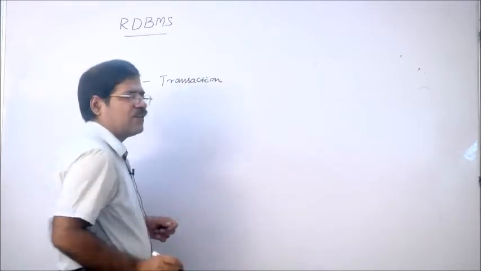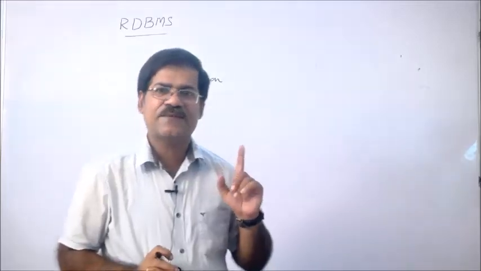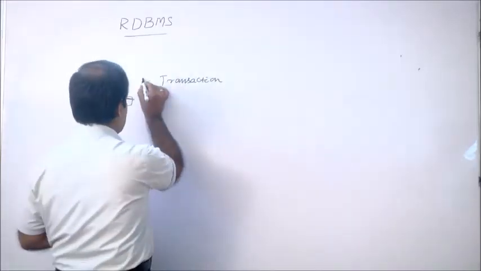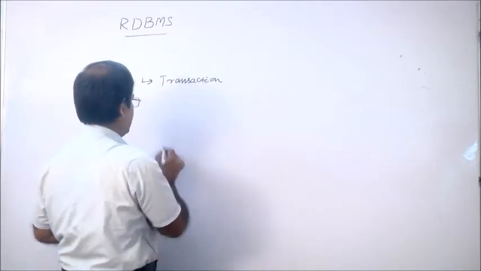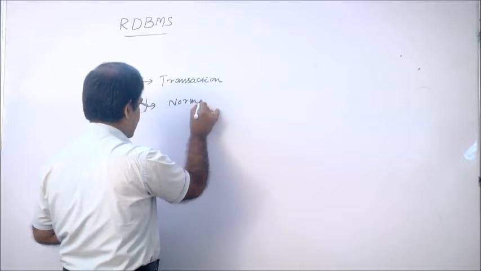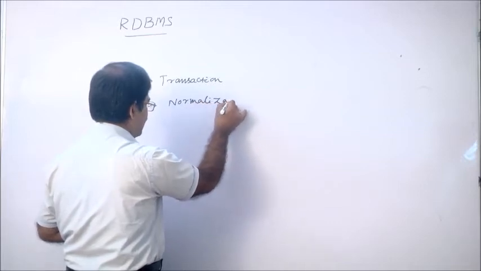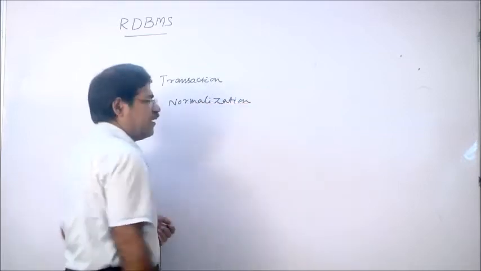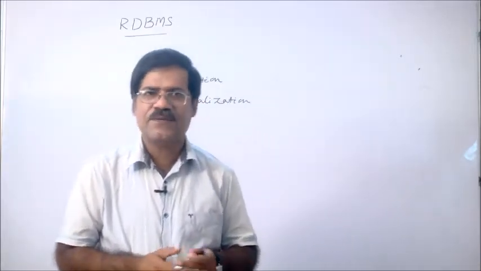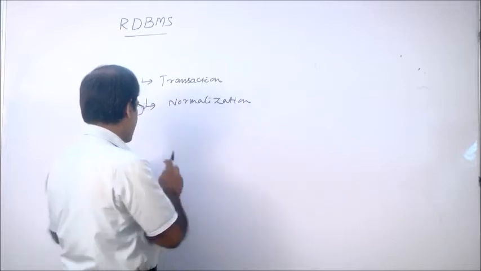A transaction is a term we will discuss in RDBMS, but this concept is not in DBMS. This is a new concept in RDBMS. The next concept is normalization, one of the concepts we do not read in DBMS, we read in RDBMS.